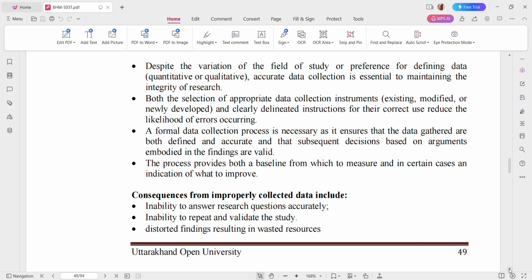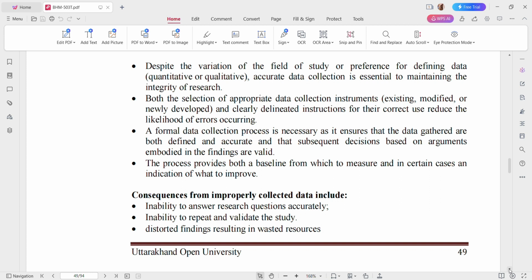Now, inability to repeat and validate the study, distorted findings resulted in wasted resources. This is what I'm talking about. No, that when you follow or do improper data collection, then you will be wasting your resources because hindi mag-match yung answer natin, hindi tama yung process natin.